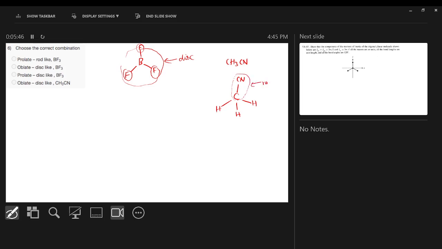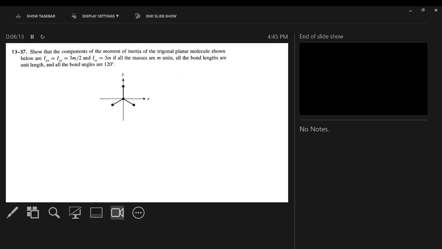So disc-like is oblate and rod-like is prolate. So which will be the correct option? This one.